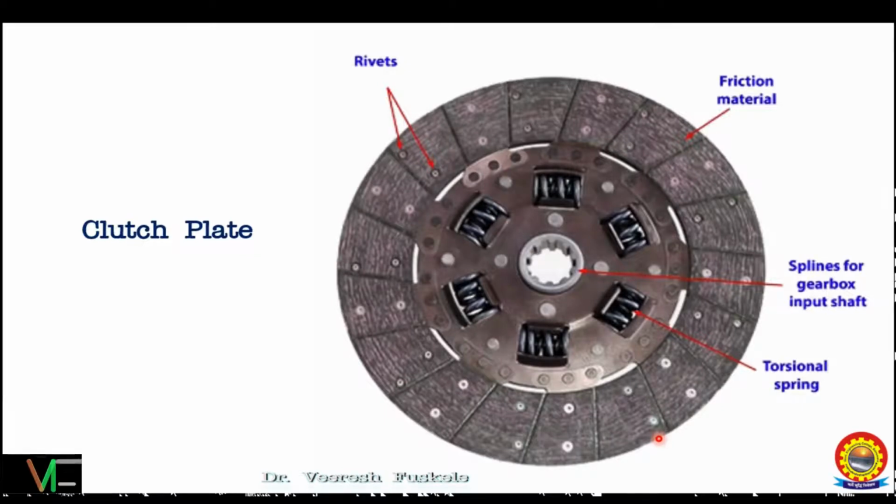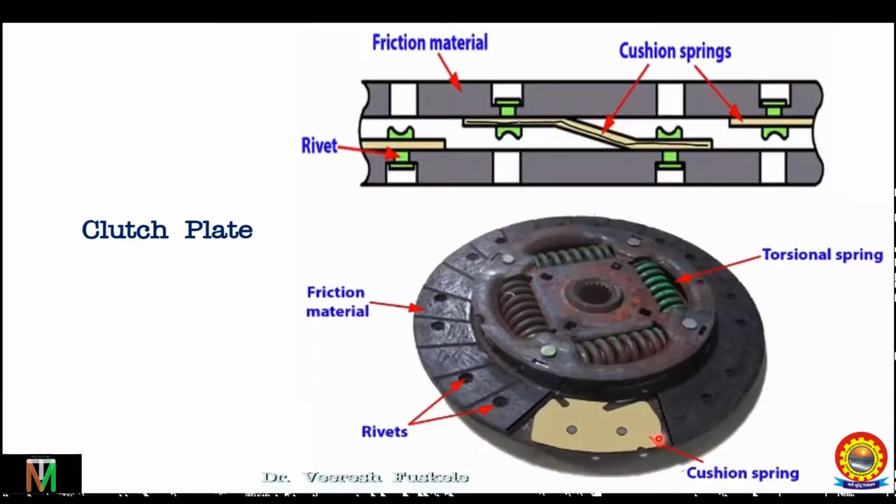If you look at the section of the clutch plate, you can see that the central plate of the clutch plate, when it goes to the friction material, has a shape like this.